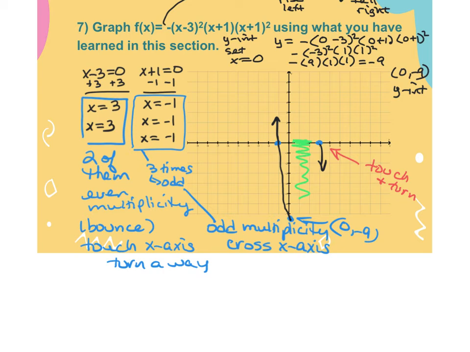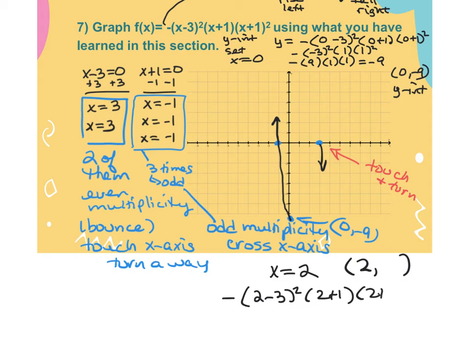I'm going to plug in x equals 2 into my original equation. When it's already factored for you, you're not doing synthetic. You're actually just plugging in the numbers. So to get another ordered pair, which is going to be 2 comma something, I'm going to plug in a 2. So negative sign, 2 minus 3 squared, 2 plus 1, 2 plus 1, but it's squared.